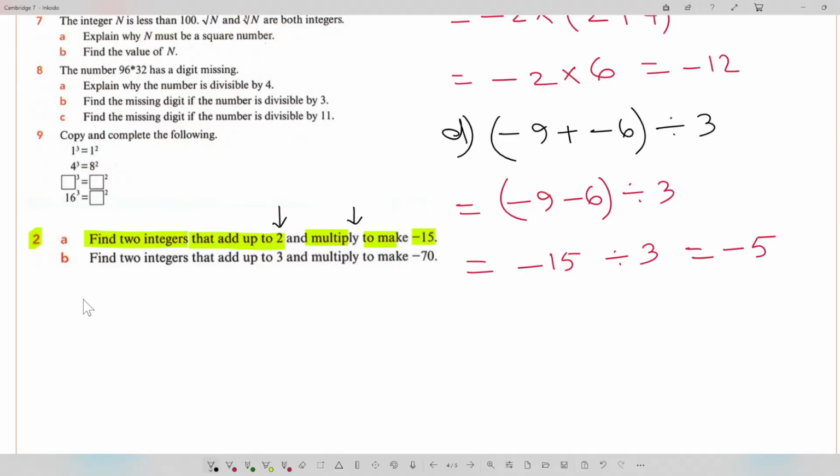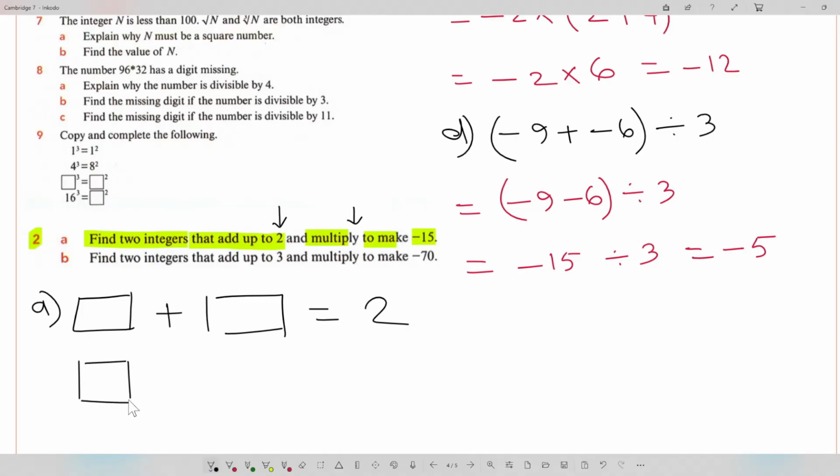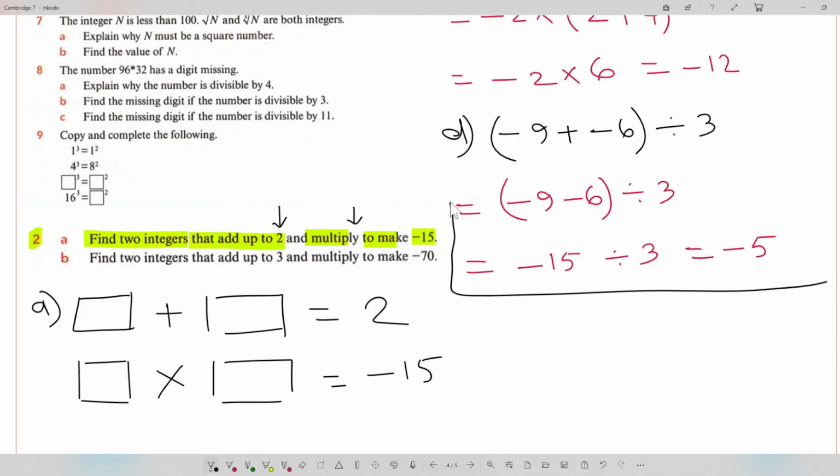So it's looking like this one plus this one equals 2. This is A. And another one mentioned here, this one multiplied by this one equals minus 15, but the numbers are the same.